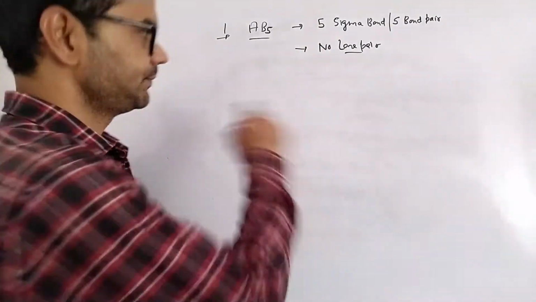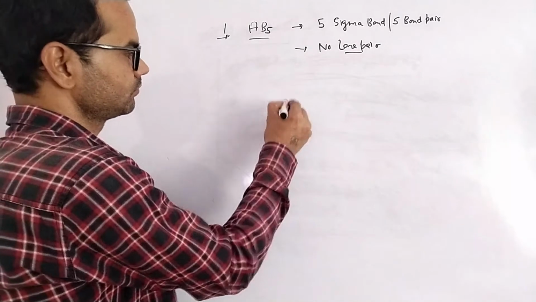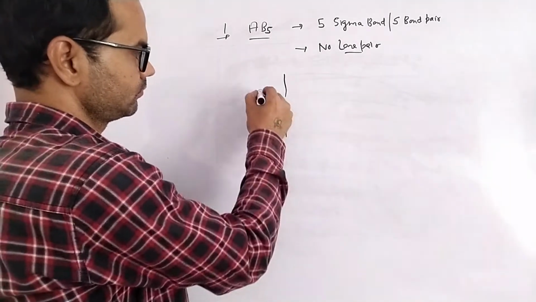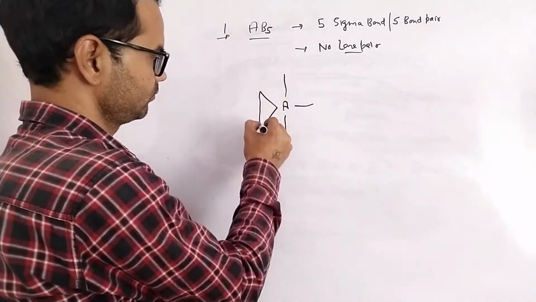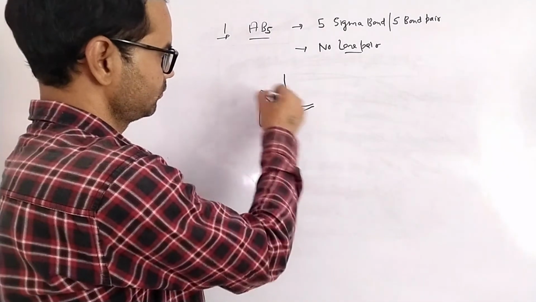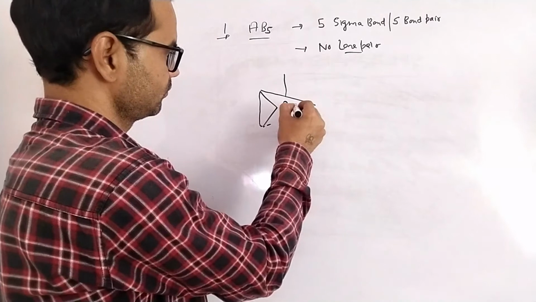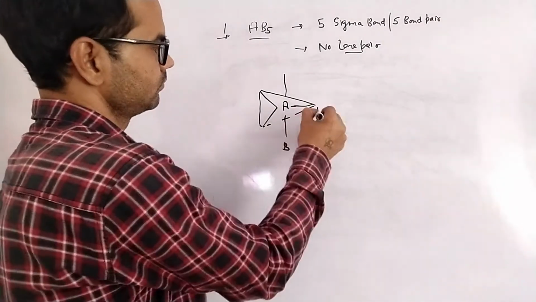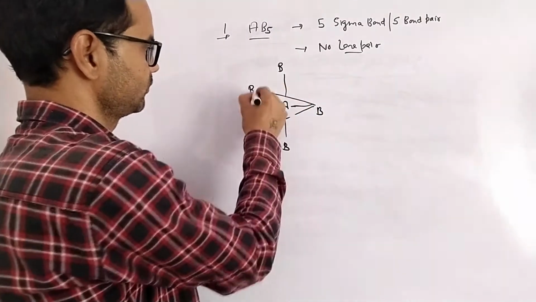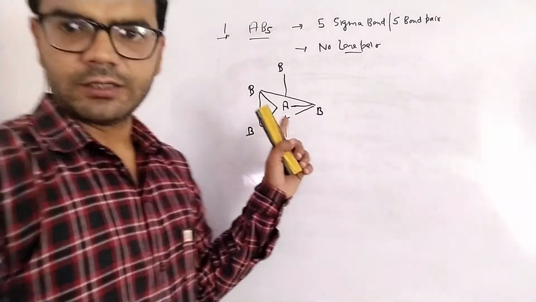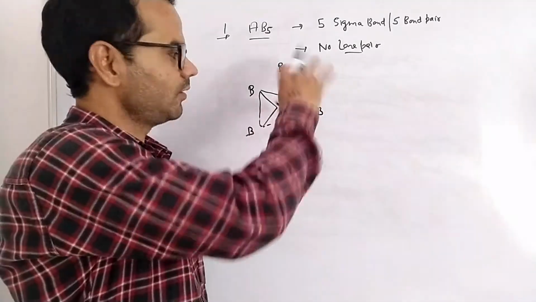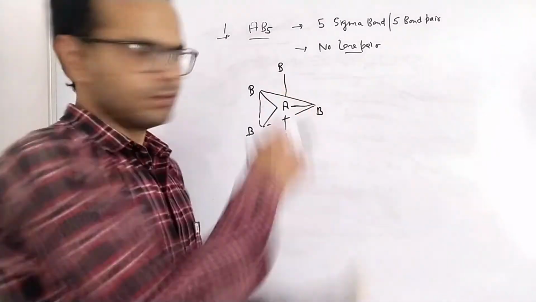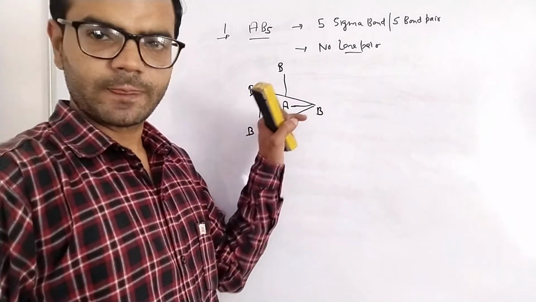Then the regular geometry is trigonal bipyramidal, right?